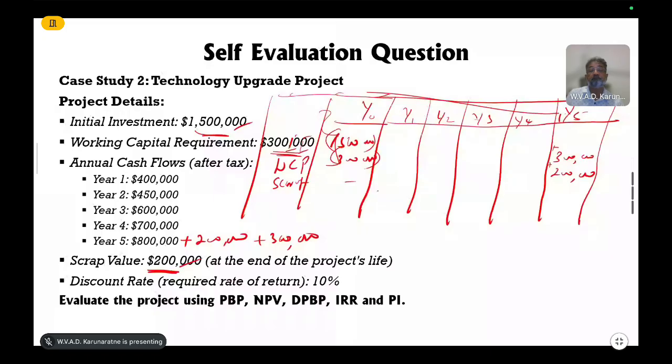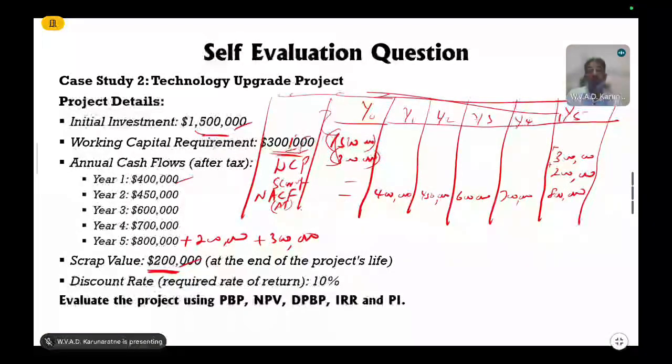Then in addition to that, annual cash flows, net annual cash flows after tax: year 1, 400,000, then 450,000, 600,000, 700,000, and for the last year, 800,000.